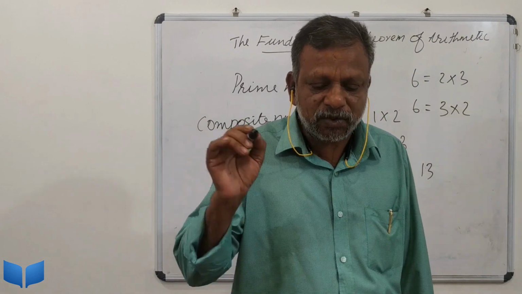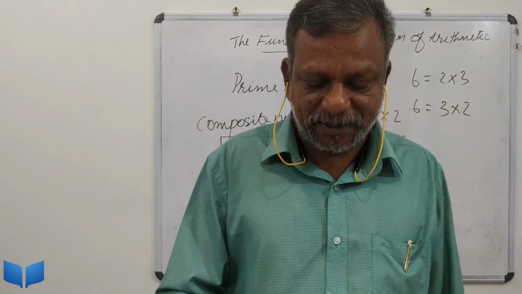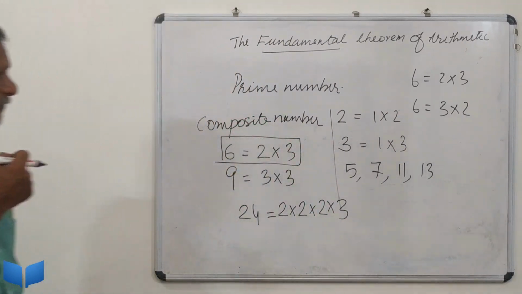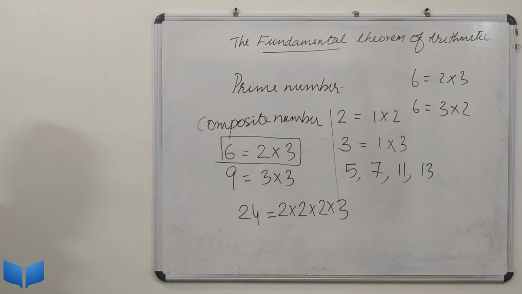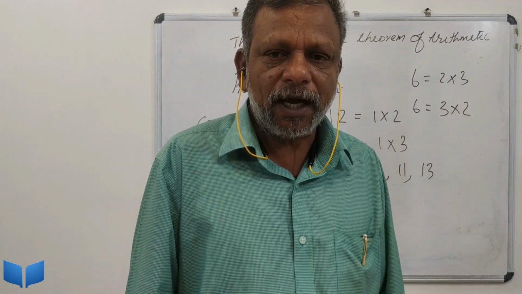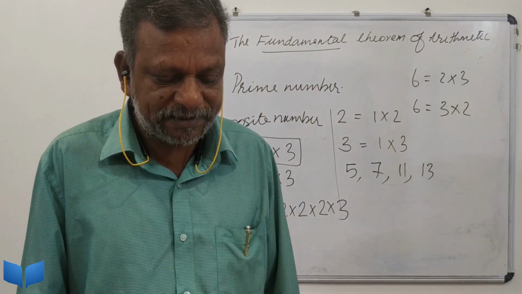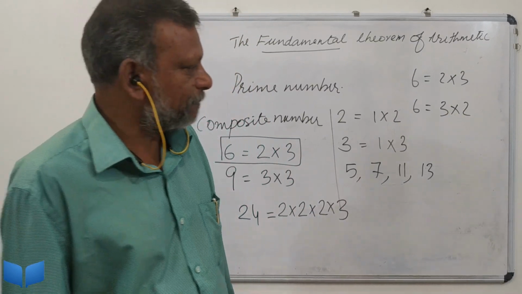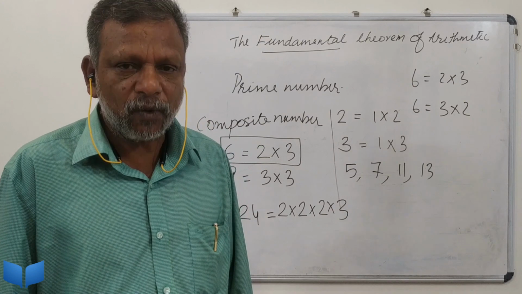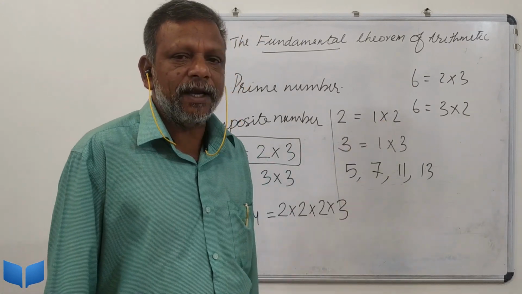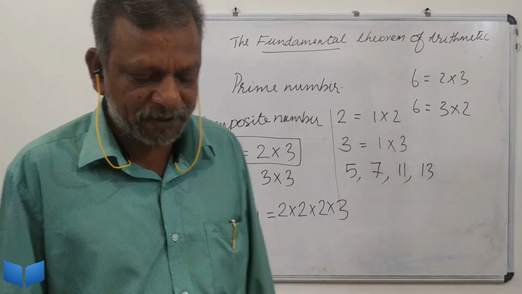So according to the fundamental theorem of arithmetic, every composite number can be expressed or factorized as the product of its primes, and the factorization is unique except for the order in which the prime factors occur. This is the first theorem in the chapter real numbers.